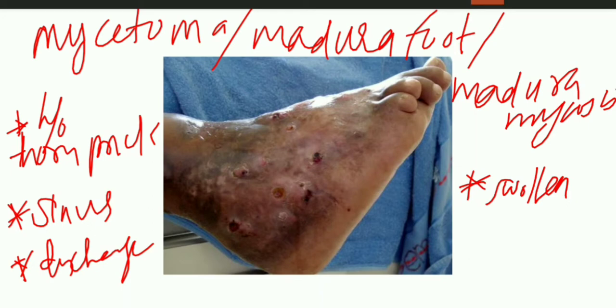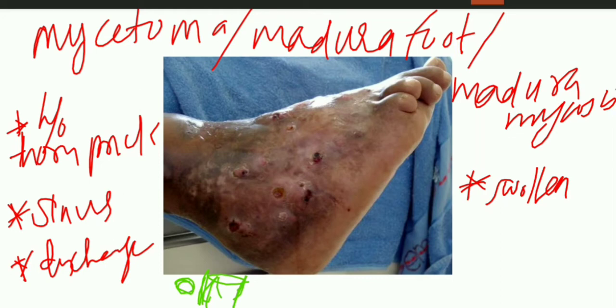So initially I told that there will be a history of thorn prick. In that area they will develop a nodule. Now that nodule later will break, and it will form a sinus. But you should remember that the nodule will be painless.